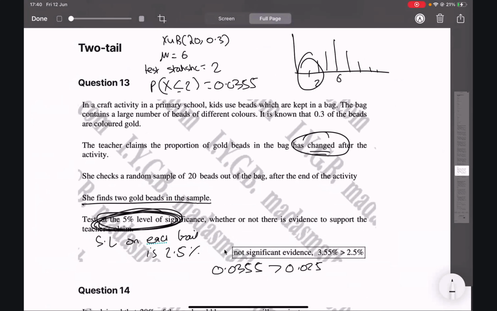That's quite a big probability. It's not less than 2.5%, so there's no reason to think our model's wrong. We don't need to update our model. So we say do not reject, or accept H0. Insufficient evidence that the model needs to be updated or that the probability has changed.